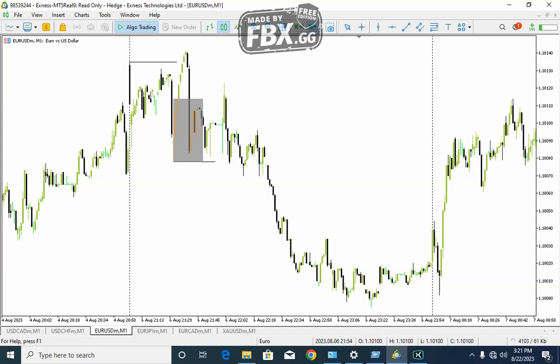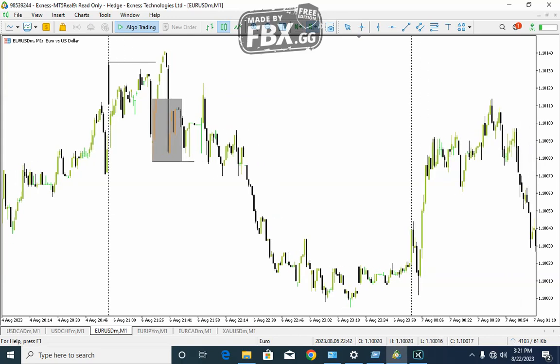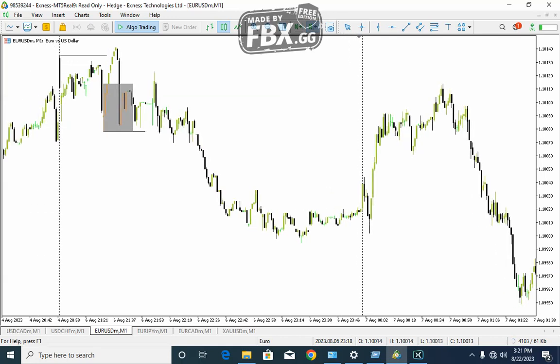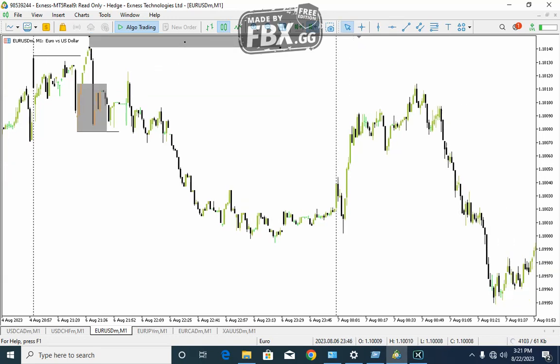After the market took out this low, the market broke structure to the downside and came back to give us that reaction that we need, right? So the market took out this low, taking out all the sellers, and look at that.